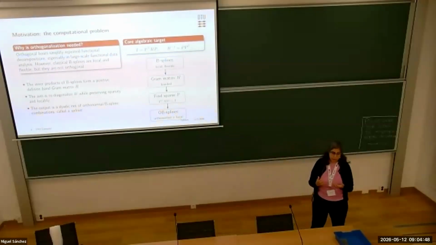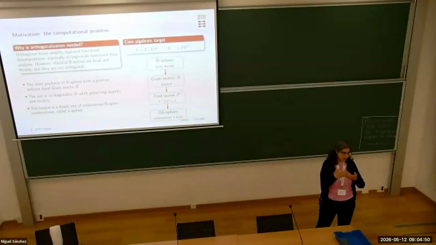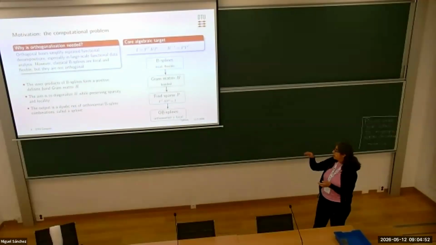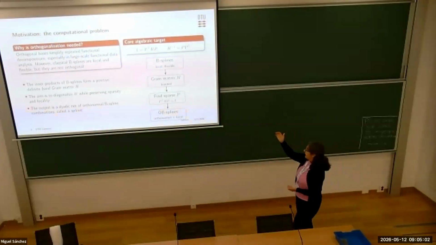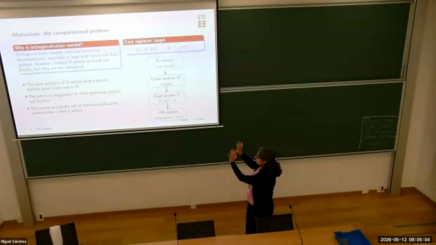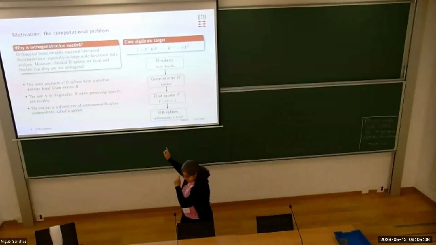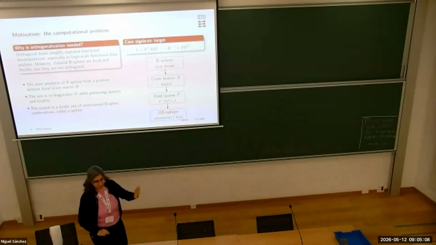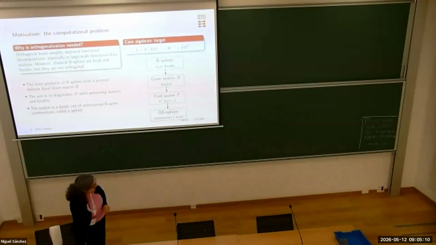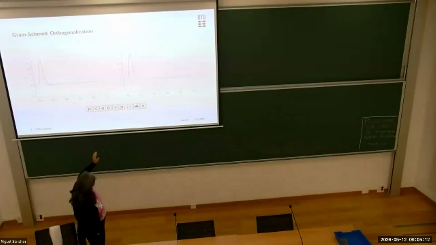And this Gram matrix, of course, is not orthogonal because the B-splines are not orthogonal. So the question is, can we find such a matrix P, such that if I multiply it with the splines, more or less I'm orthogonalizing those B-splines, so we get the identity. So this is the math behind. If you like math, there is some math behind, but I will not go into the math. I will go more for applications.